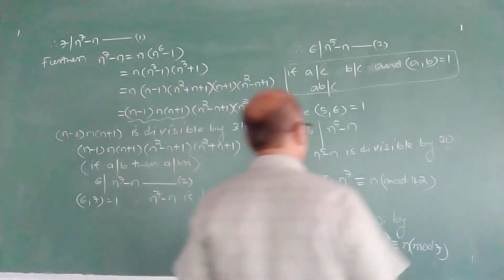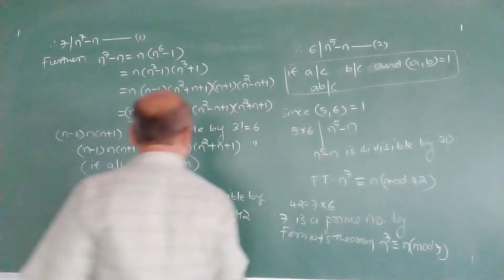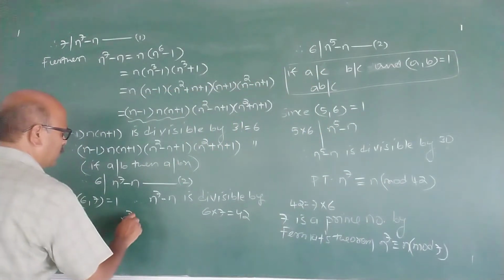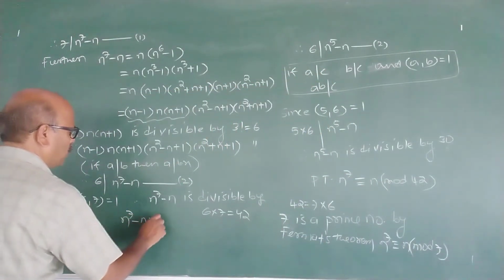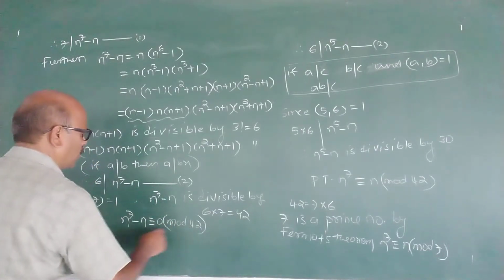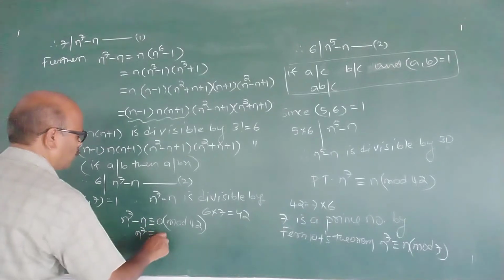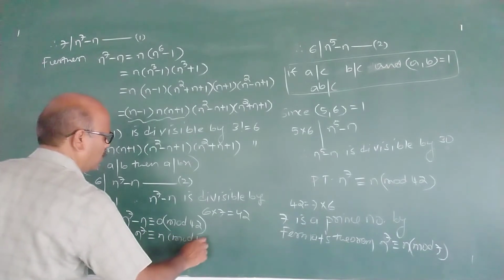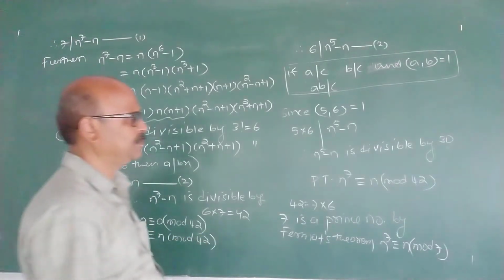So, divisible by 42 means n raised to 7 minus n is congruent to 0 mod 42, or n raised to 7 is congruent to n mod 42. That is the result.